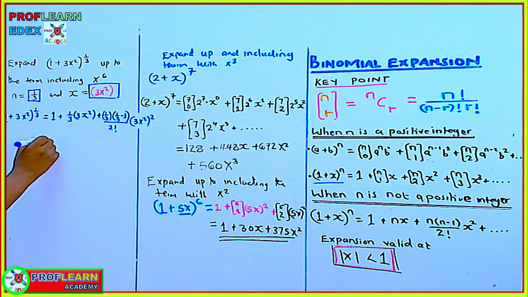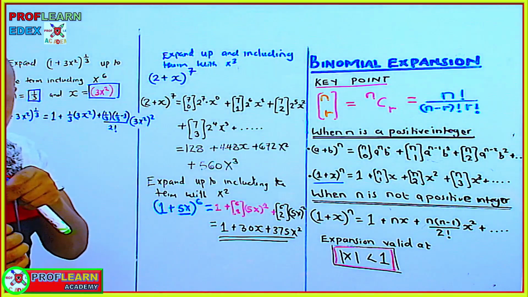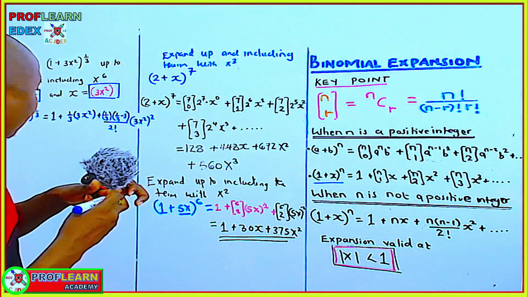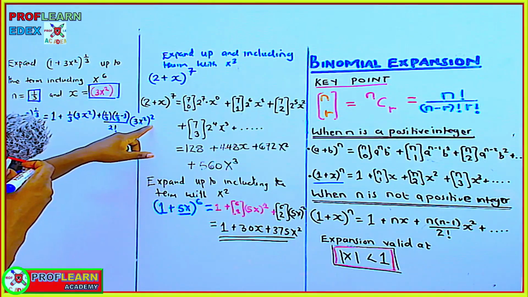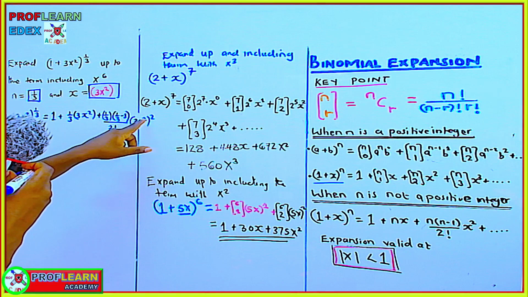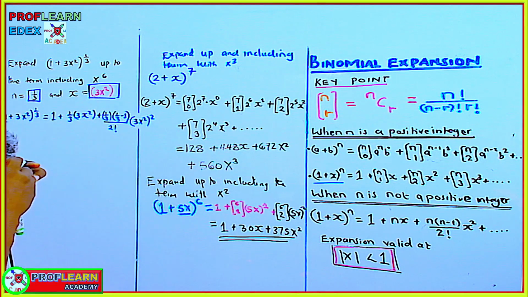I can see at this point that I cannot say this is x to the power of 6, because this squared times 2 is going to be 4. So I've not arrived at the term they told me. I need one extra term. And that next term, how are we going to find it?